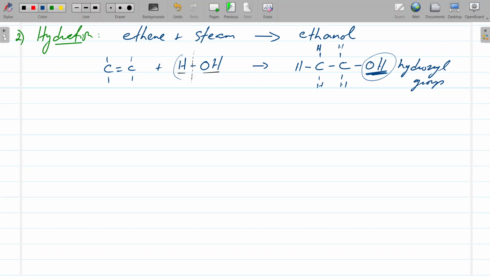Now remember we talked about reversible reactions. This is a reversible reaction, so the arrows would actually go this way.